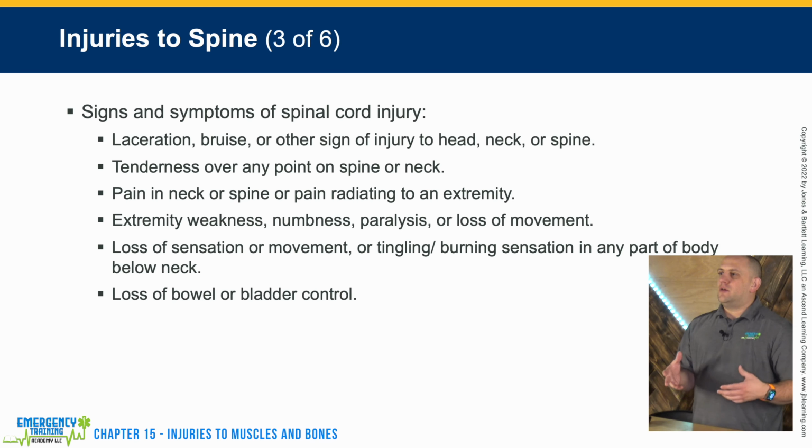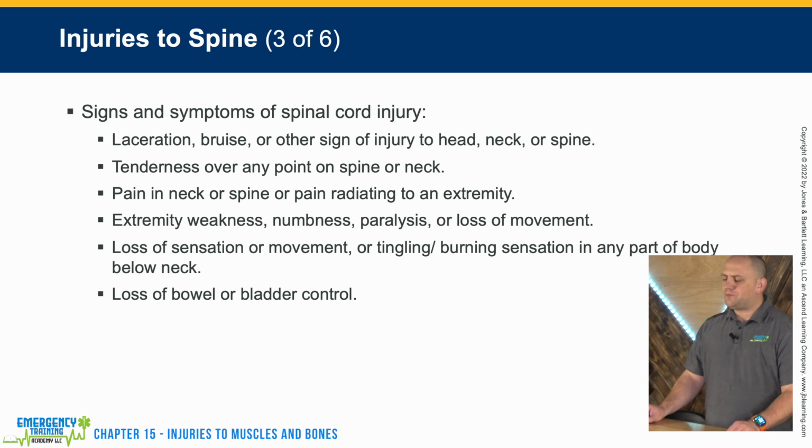As you're assessing for these spinal injuries, you're going to have the patient rolled on their side. You're going to be feeling the spine, checking for any tenderness over any point on the spine or neck. You may also notice weakness or tenderness or paralysis, loss of movement in any of the extremities. You might even feel deformity on the spine as you're doing your assessment and feeling down for any of those points of tenderness.